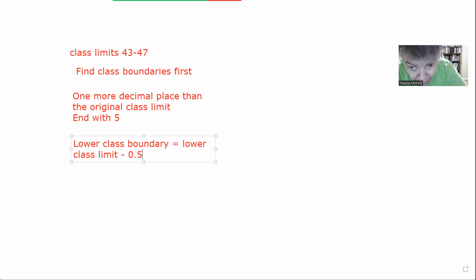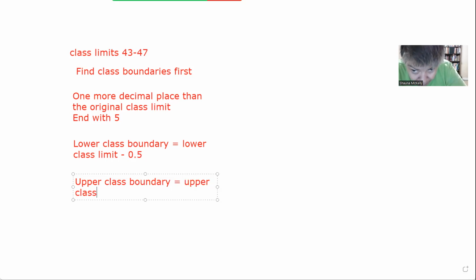So in this case, minus 0.5. My upper class boundary will be my upper class limit plus, in this case, 0.5.